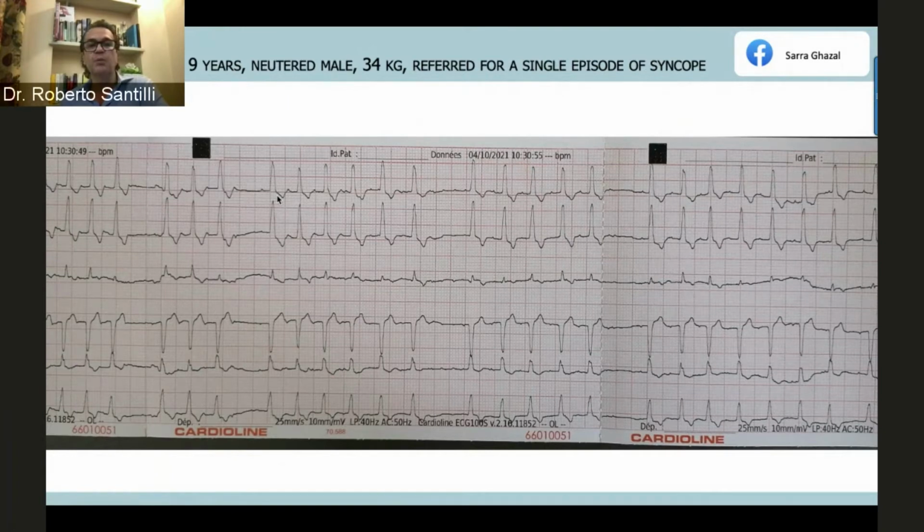So what is very important that you remember is the activation of the septum that usually induces Q waves in lead 1, 2, and AVF.